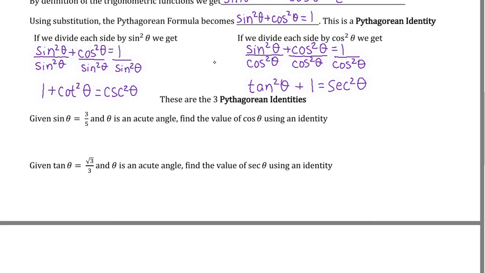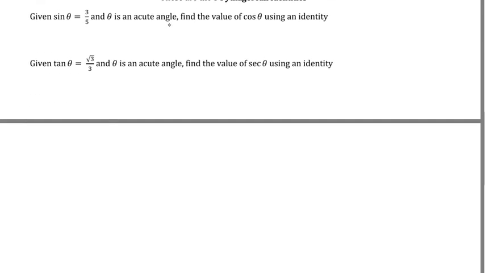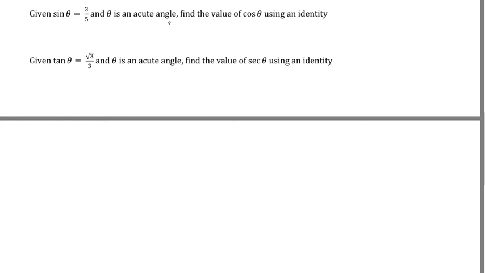Okay, so let's put this into action. Looking at these 2 examples, we know that sine theta is 3/5 and theta is an acute angle, and we want to use identities to find the value of cosine theta.